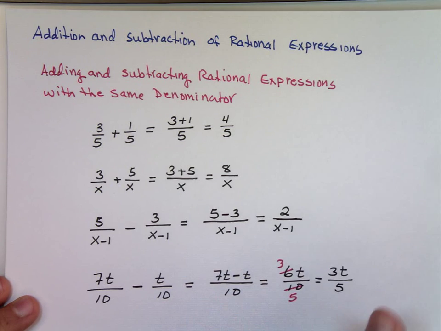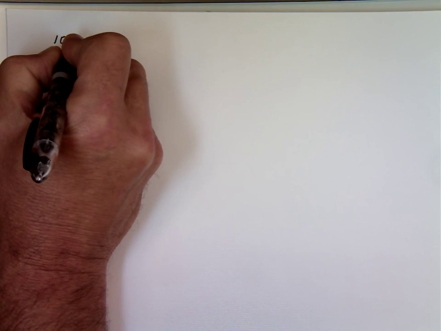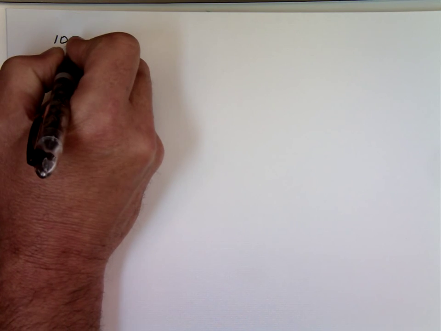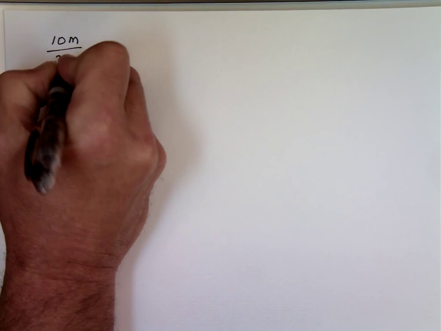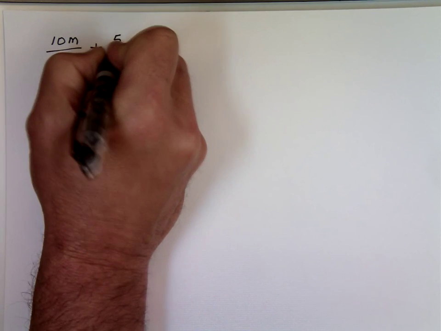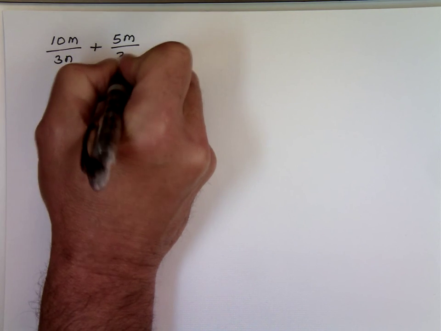Let's try a few more. Ten m over 3n plus 5m over 3n.